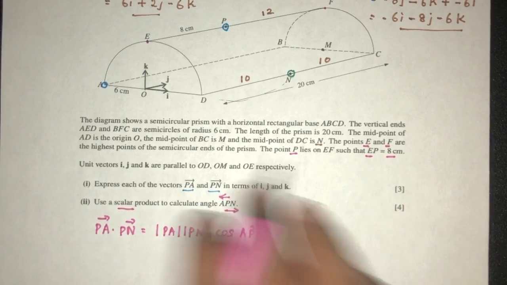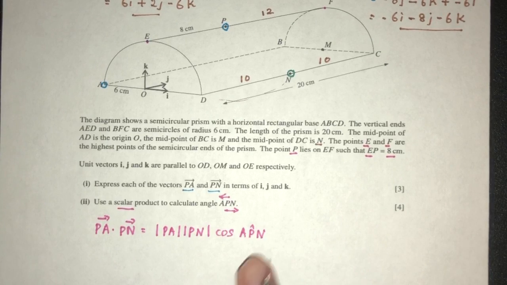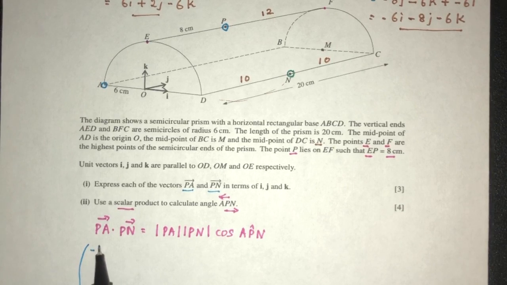So we just have to substitute into this formula and then solve for the angle. PA we have found to be -6, -8, -6. PN was found to be 6, 2, -6.